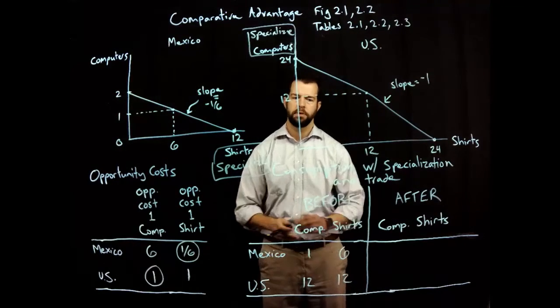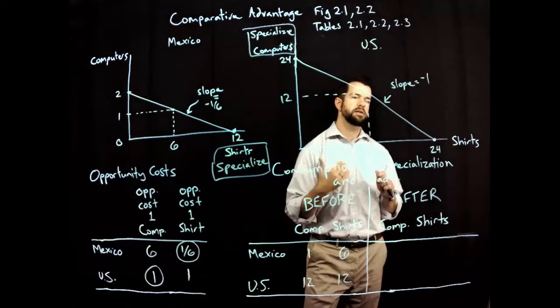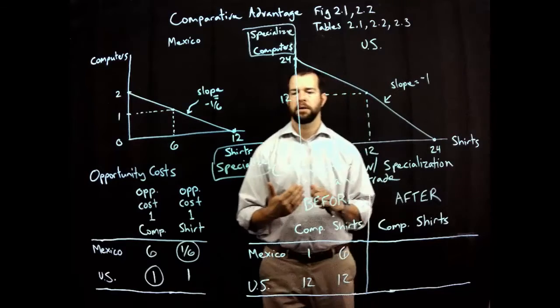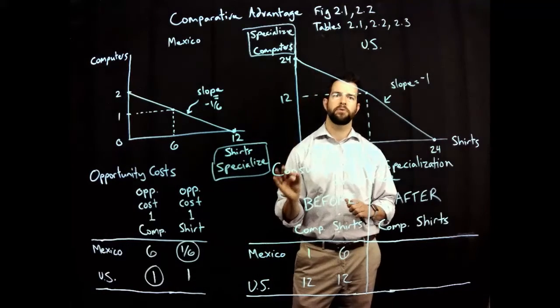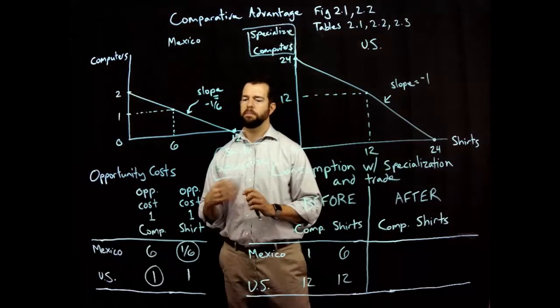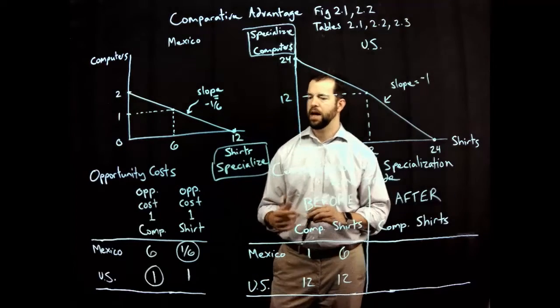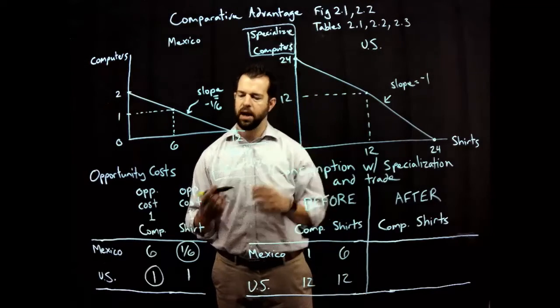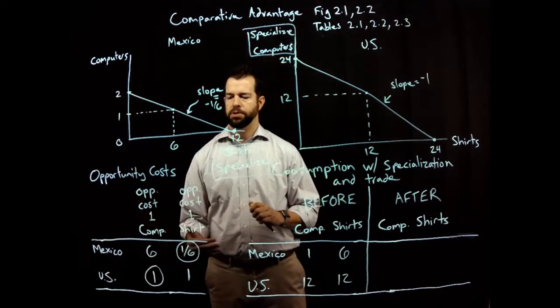All right, so with that, we have to come up with a terms of trade that is mutually beneficial for both countries that are trading. And the basic rule is that the terms of trade have to lie in between the opportunity costs of the two countries.